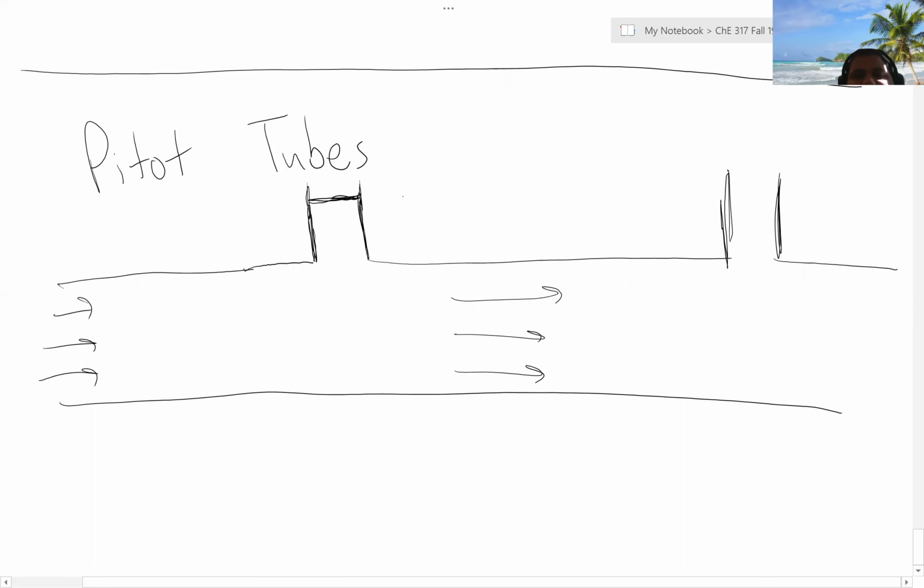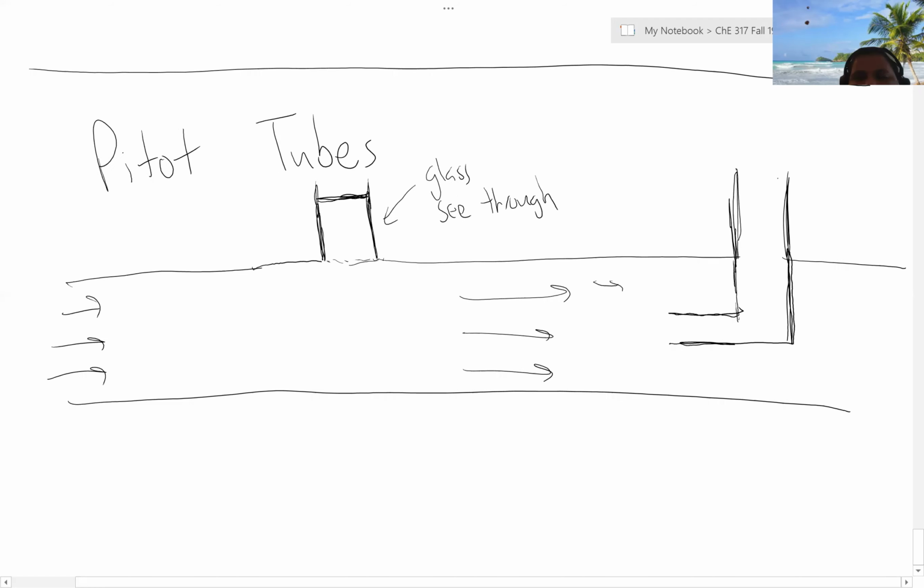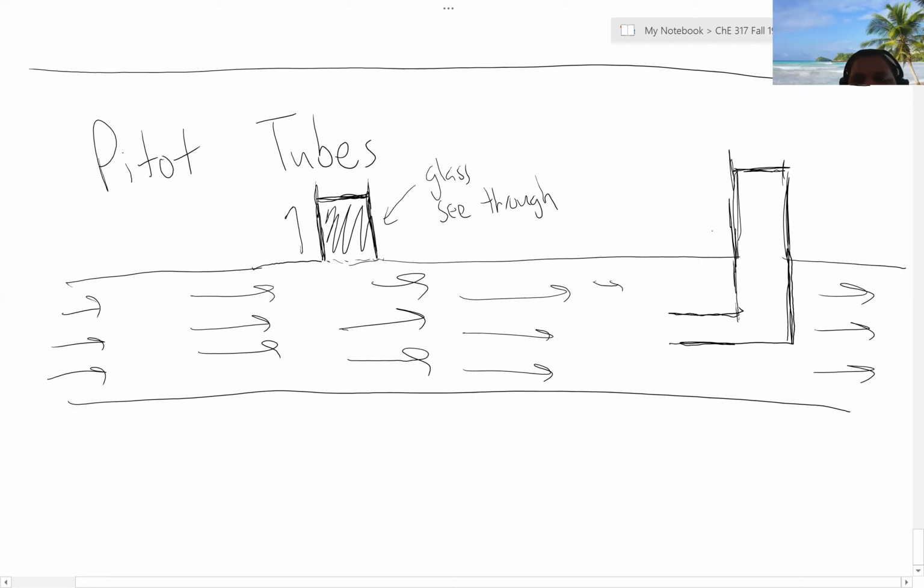Let's say it looks like this, and this is glass and see-through. And then I had another type of extension, but instead, this pipe extended into the flow area. What I would find is that each of these would have some fluid within them.